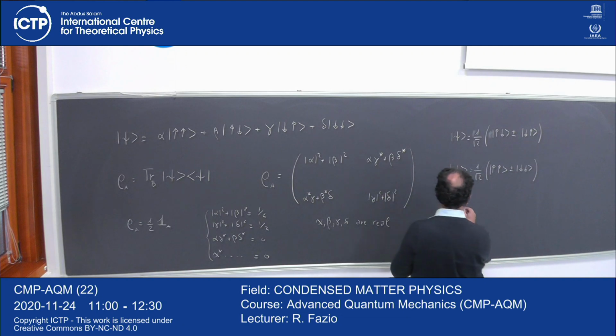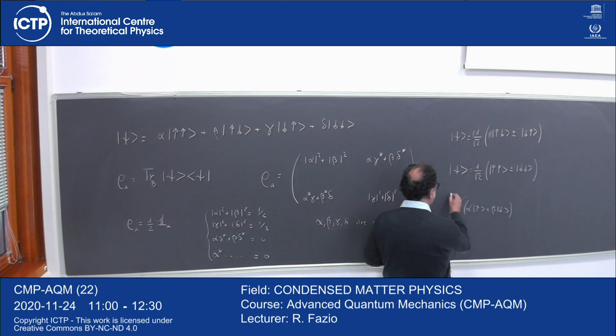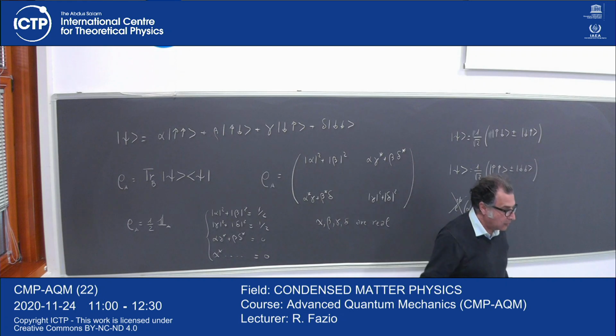So what I want to say is the following. Suppose that you have alpha up plus beta down. If you have the state e to the i phi, alpha up plus beta down, global phases have no effect, can never be detected.